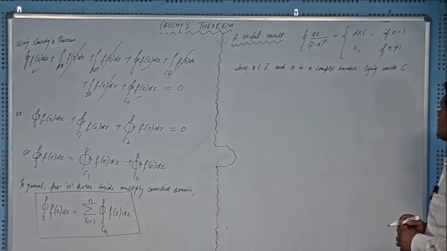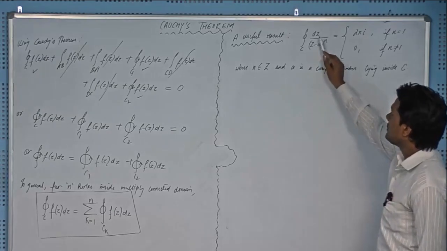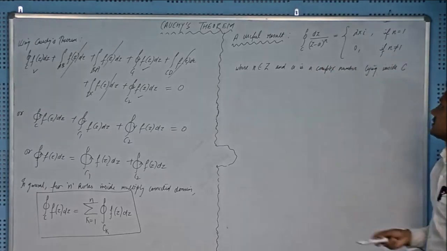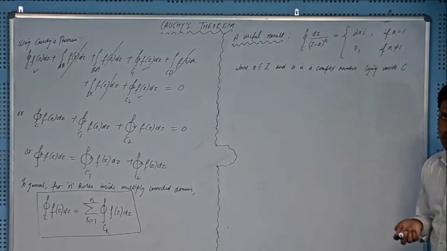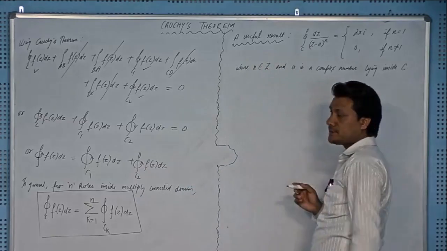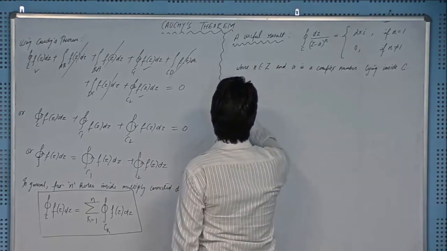So this is the useful result which says that the integral of dz over (z minus a)^n is equal to 2 pi i if n is equal to 1, and for n not equal to 1 the result is always 0. And we will be using this result to prove this. Okay. Solution, or we should say proof.